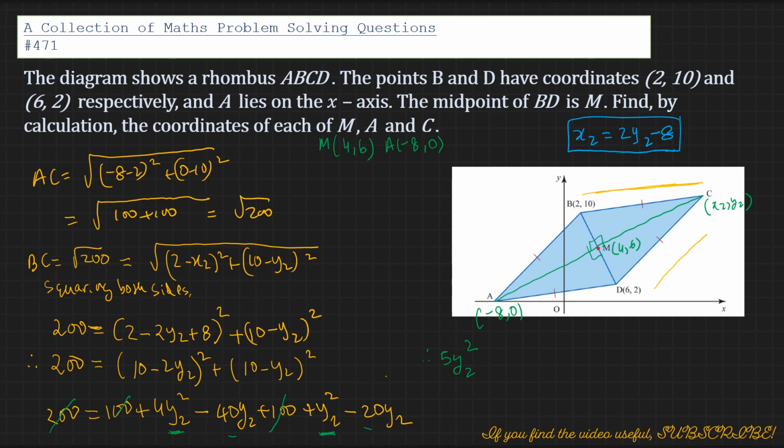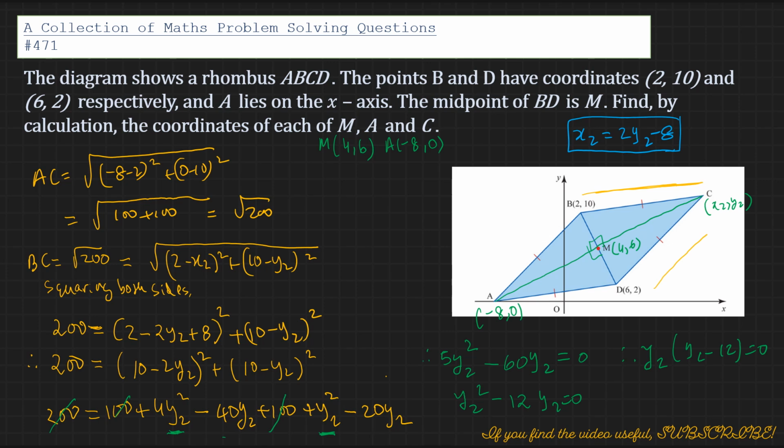I'm getting confused. So 5y2 square, it's already done, and minus 60y2 equals 0. Simplifying, y2 square minus 12y2 equals 0. So if you take y2 outside the bracket, you say y2 times y2 minus 12 equals 0.